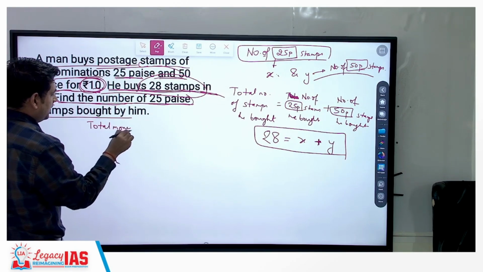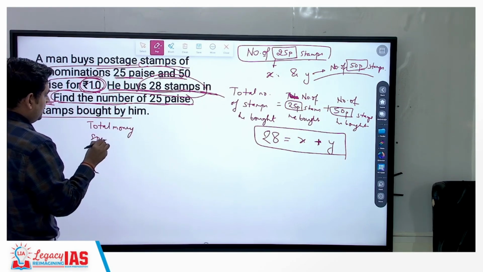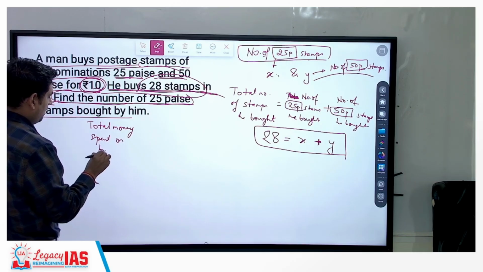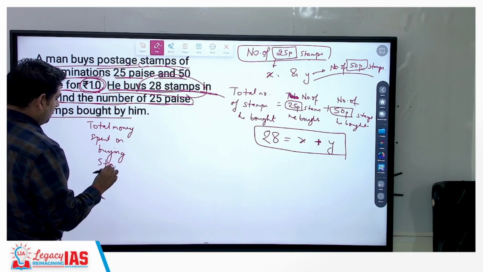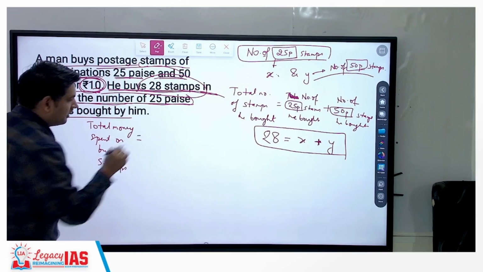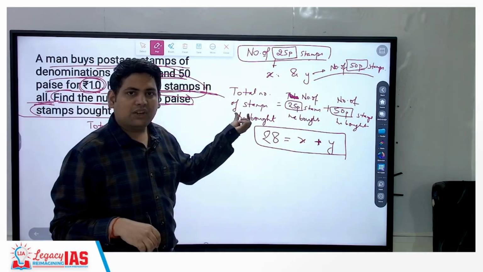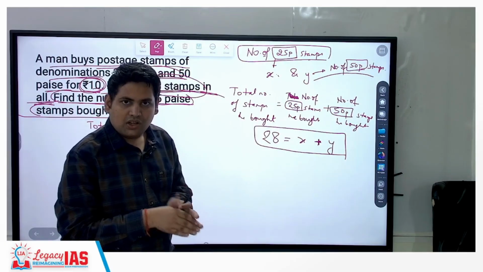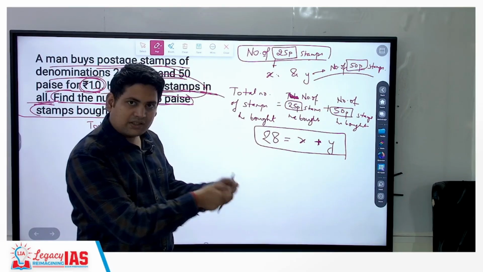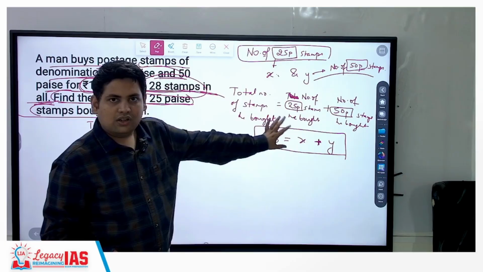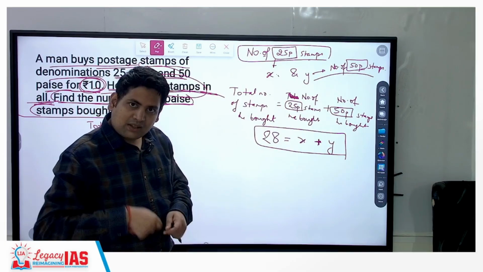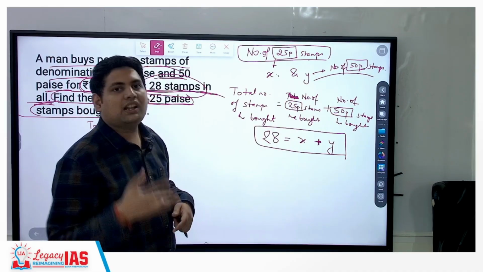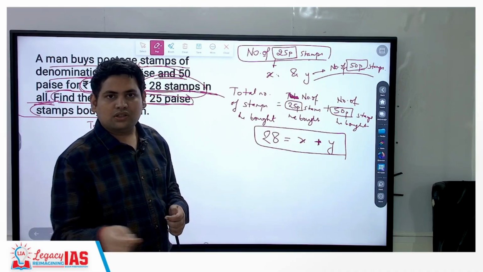Total money spent on buying stamps. Here we were counting the total number of stamps. If we just count how many stamps I bought, this is this. Now he is trying to count the total amount of money that I spent in buying those stamps.